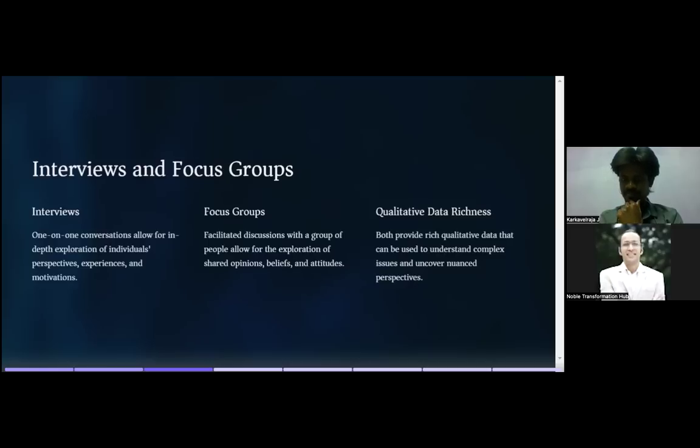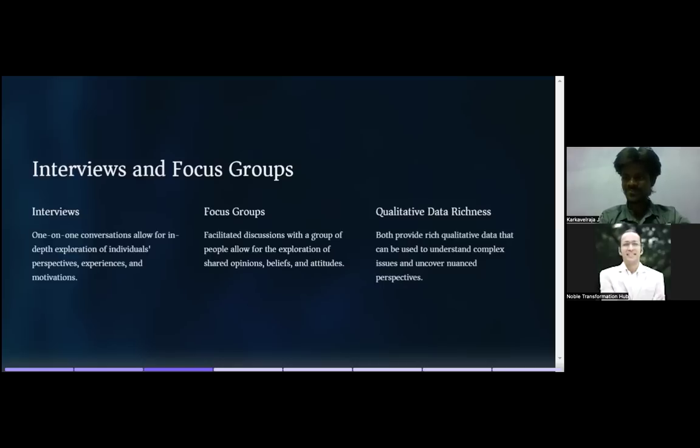Then you have focus groups. It's a different way of getting data: facilitating discussion with a group of people, allowing them to explore shared opinions, beliefs, and attitudes. So you will have individual perspective once you do one-to-one sessions and interviews, and then you go and check the feasibility and the genuineness of that.